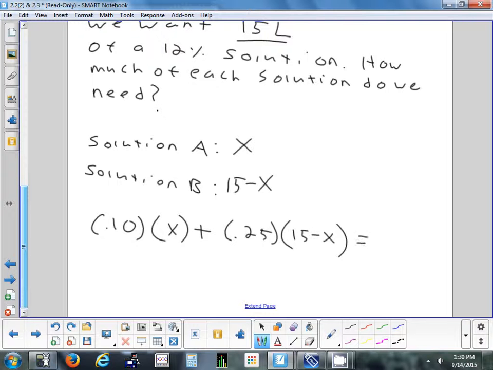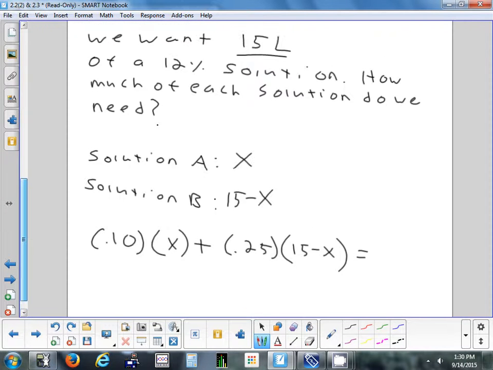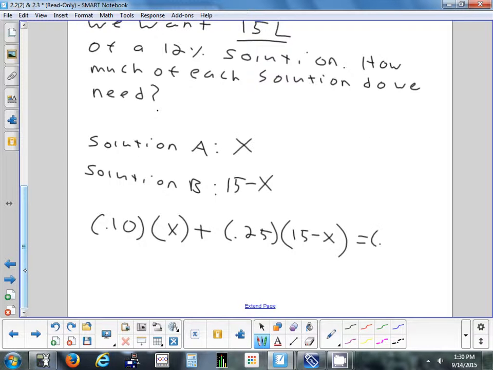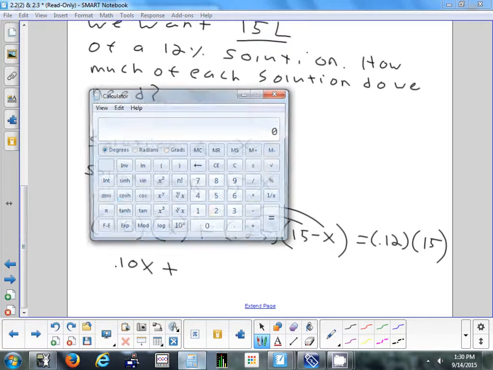Equals, and now this is the part that Corey mentioned, we're going to be able to do out. Our final concentration is 0.12 times the final amount, which is 15. And so we got 0.10x. Okay, make sure you do the distributive property there.